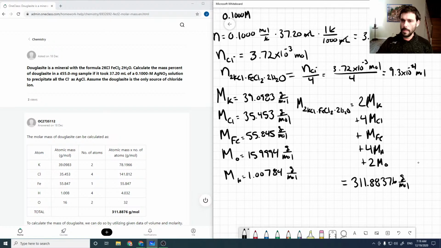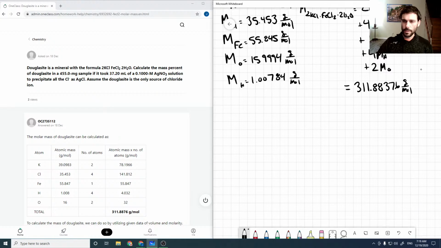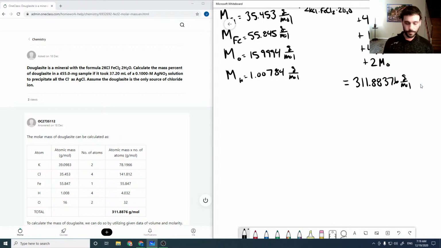Okay. So then now using our molar amount and our molar mass, we can solve for our mass of 2KCl, FeCl2, 2H2O.